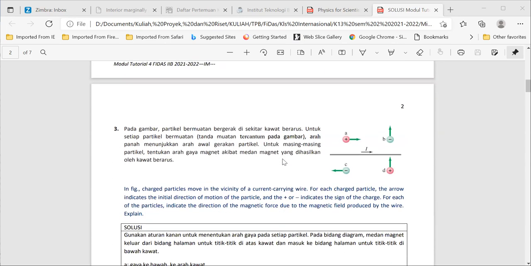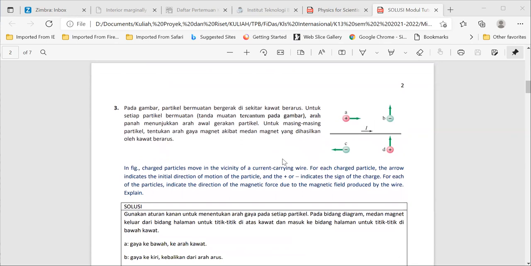Okay. Number 3. In the figure, 2 charged particles move in the vicinity of the current wire. For each charged particle, the arrow indicates the initial direction of the motion.